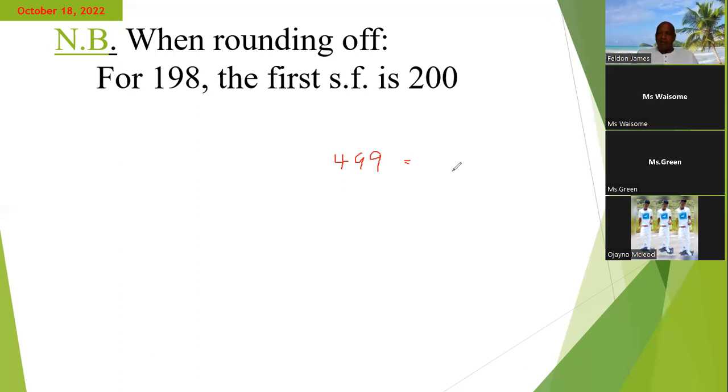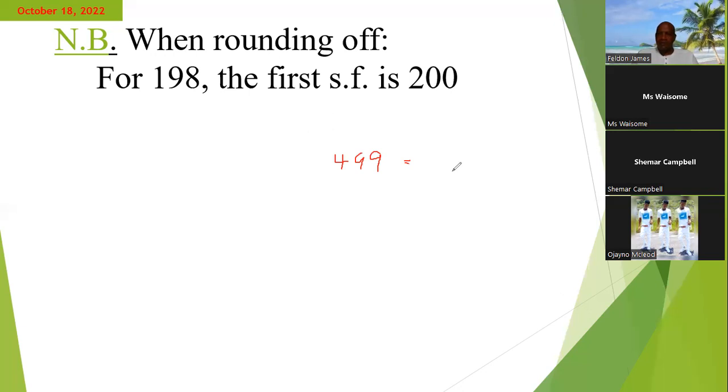Who is in agreement with Miss Waysome? Let me see your hands. I would agree. I say first significant, yes, because it's the first significant one of the whole number. I think it's 500.